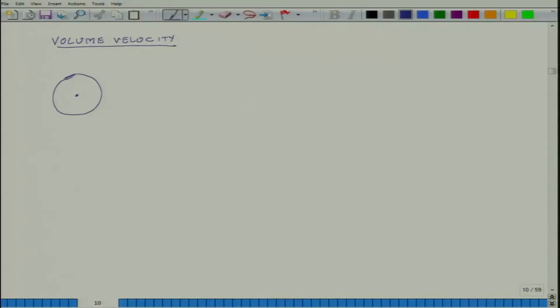So, here we are assuming that the surface which is vibrating is a spherical surface, that is one thing. Second thing is that it is uniformly either contracting or expanding at any instant of time.